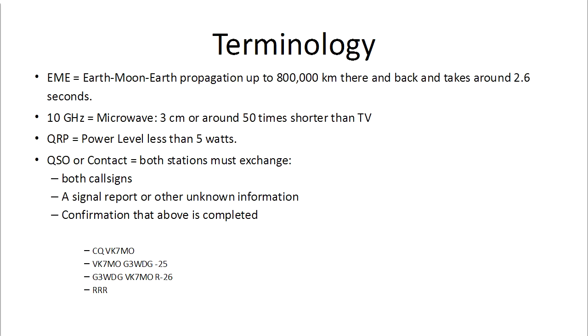And there are rules which say a minimum contact, the absolute minimum, you must exchange both call signs, a signal report or some other unknown information both ways, and confirmation that the above has been completed.